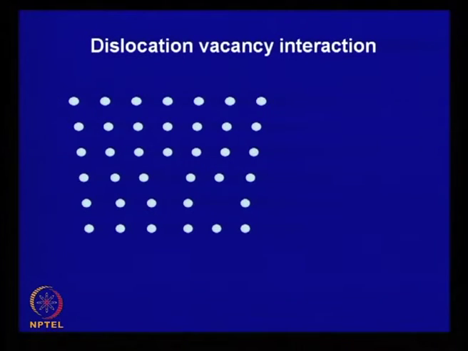We also know that crystals at any temperature will have some amount of vacant spaces or vacant lattice sites. How will these vacancies interact with the edge dislocation shown here? We will try and show this edge dislocation and vacancy interaction.